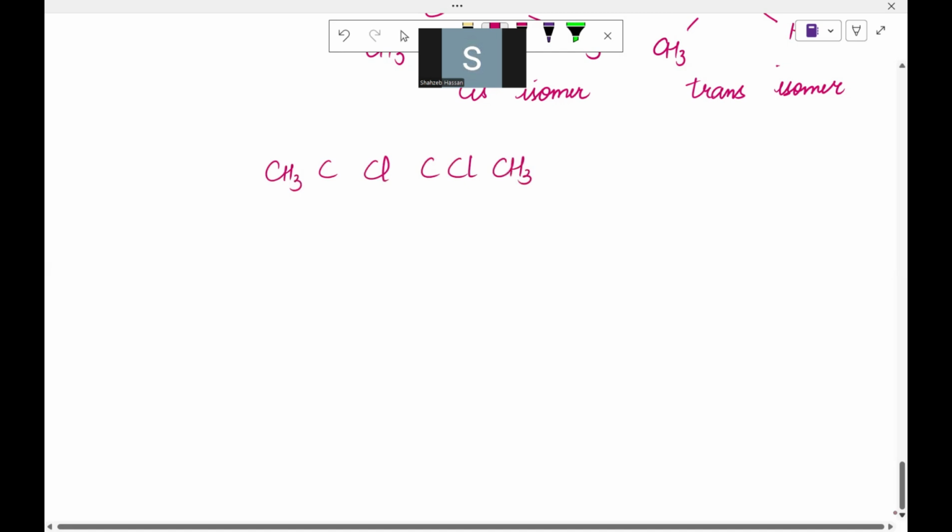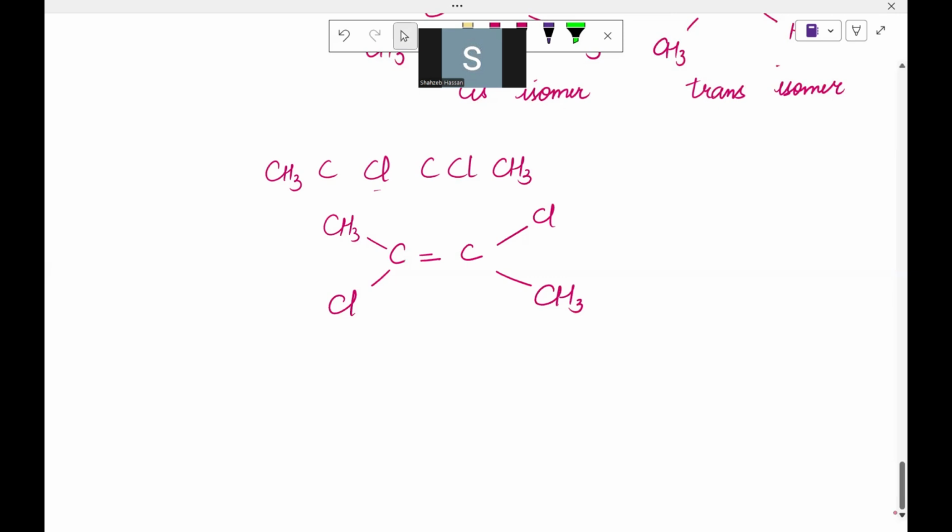This CH3 is here, Cl is here, this Cl, and then we have a double bond, again C, we have Cl here, we have CH3 here. So what kind of isomer would this be? This is a trans isomer.